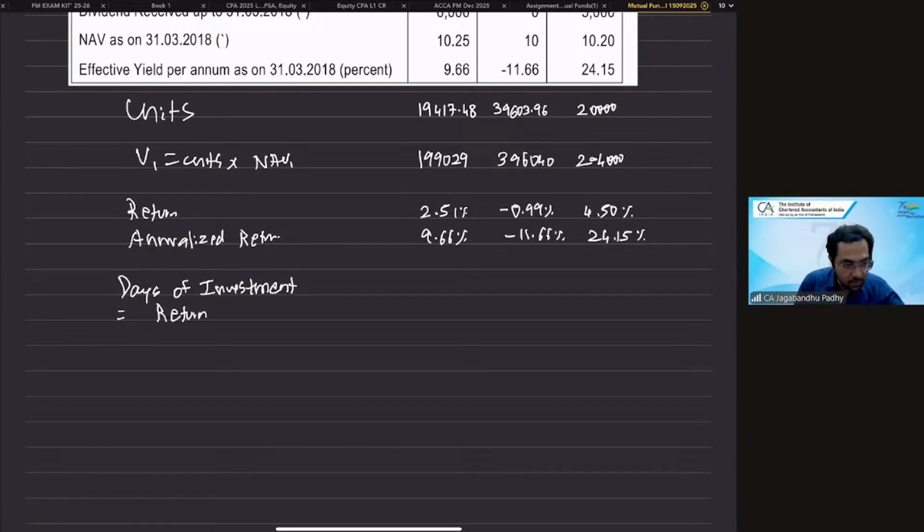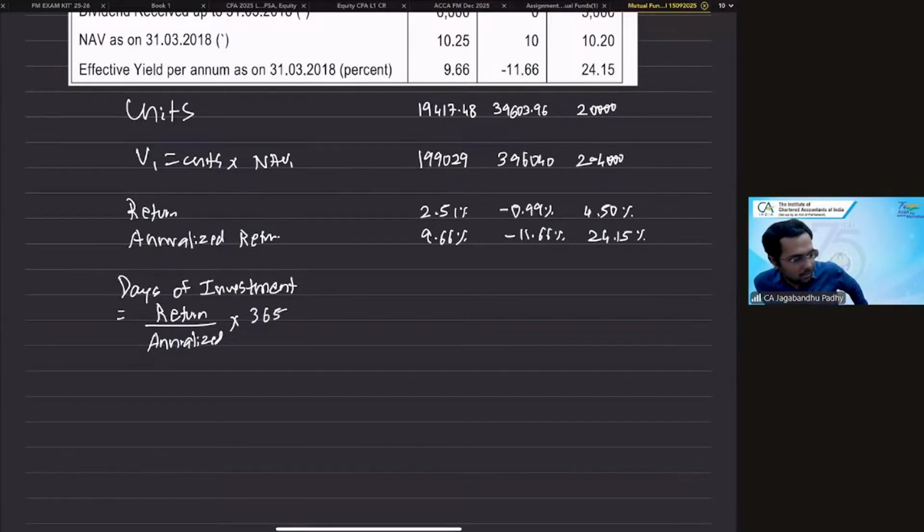Your return which you have computed, upon the annualized return, into 365. So just calculate and give me the days of investment. Return upon annualized number into 365.